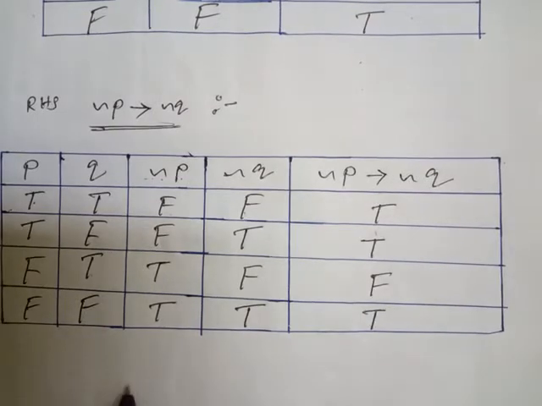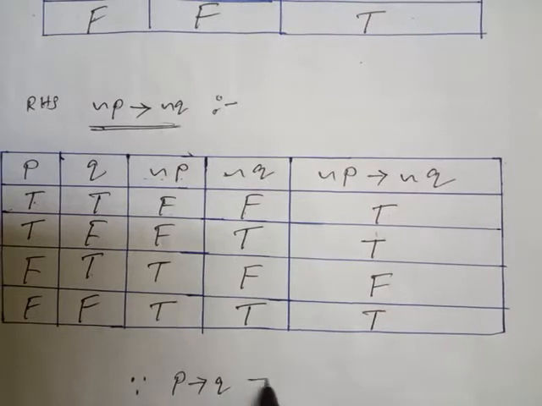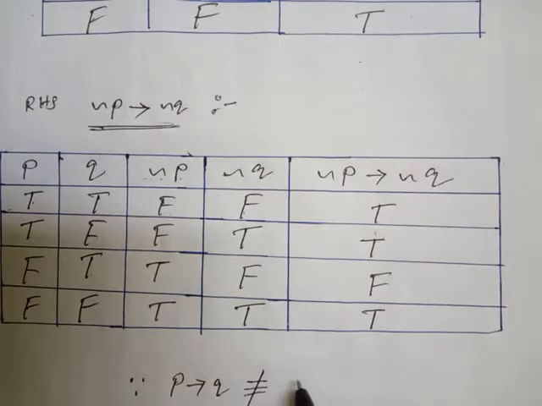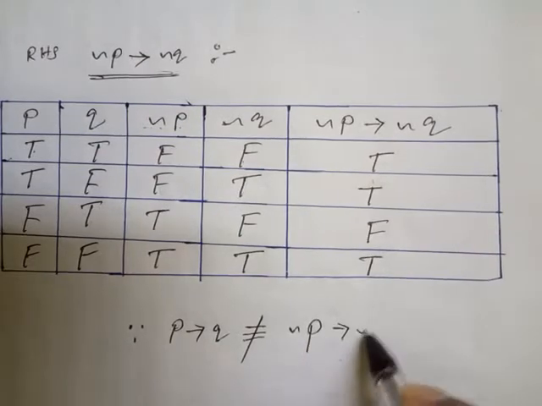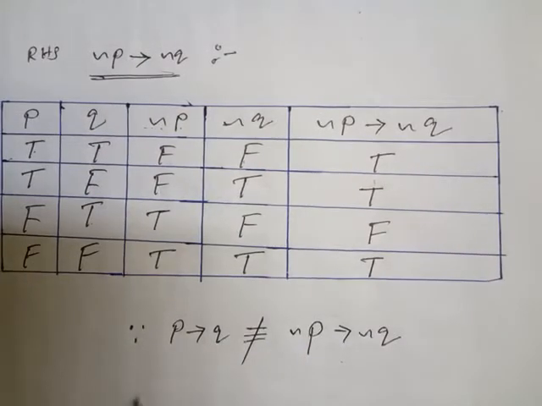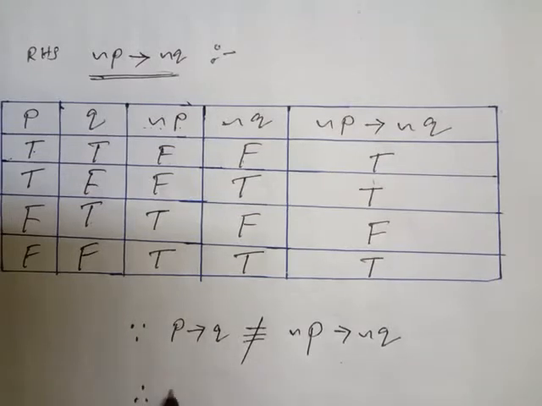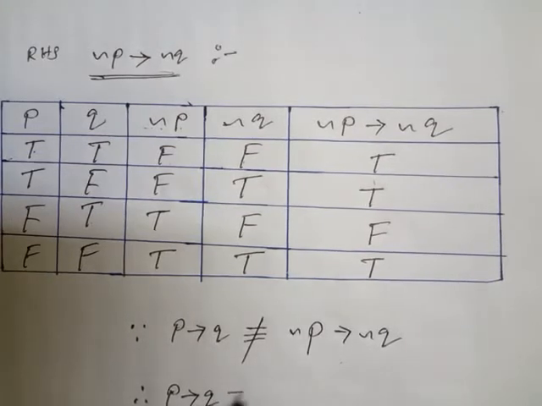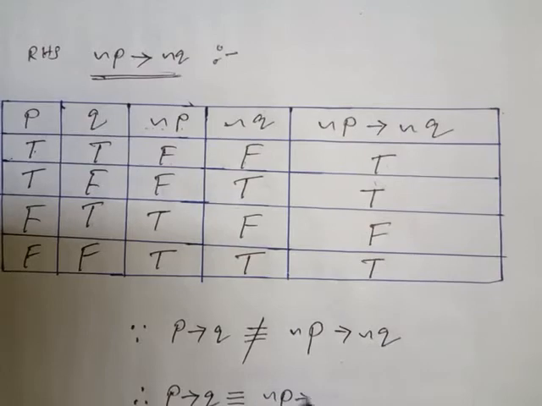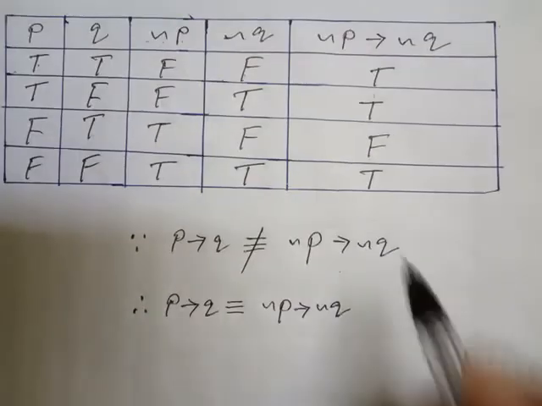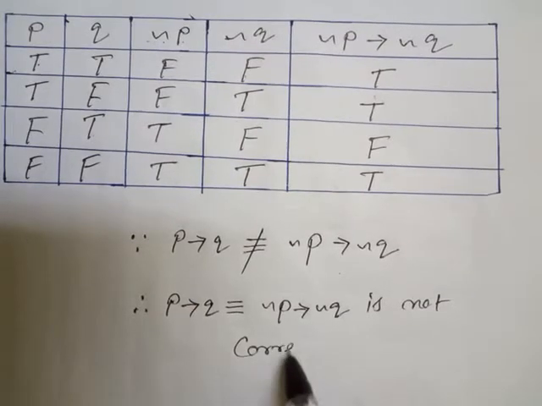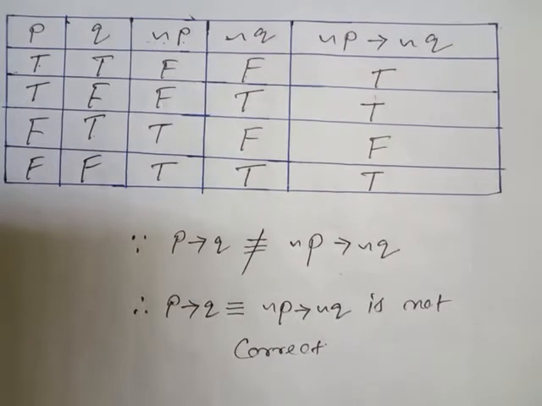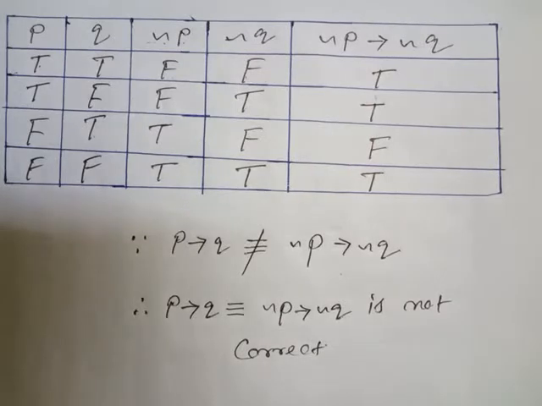So we'll write here, since P implication Q is not equal to negation P implication negation Q, therefore we'll write that P implication Q equal to negation P implication negation Q is not correct, or we can say directly incorrect. This is how we have solved 5A.